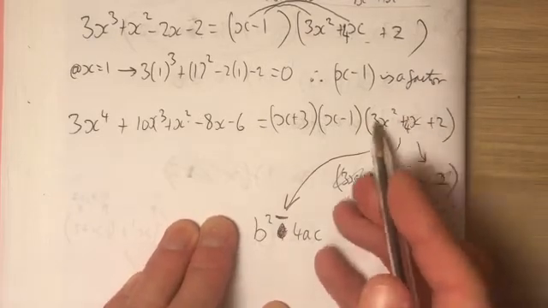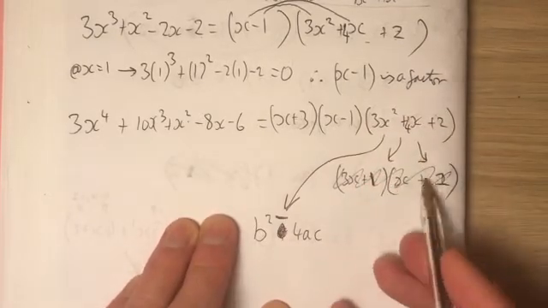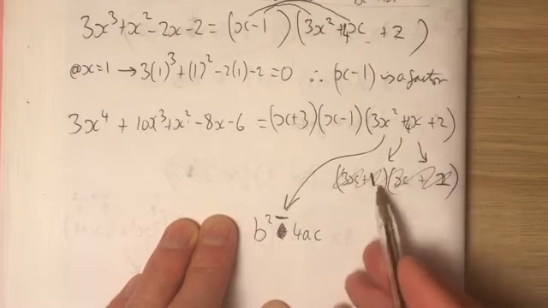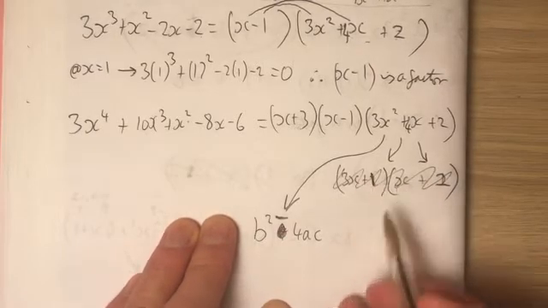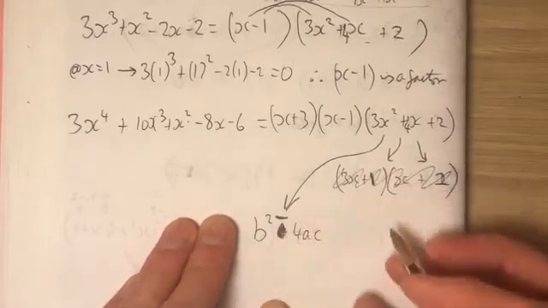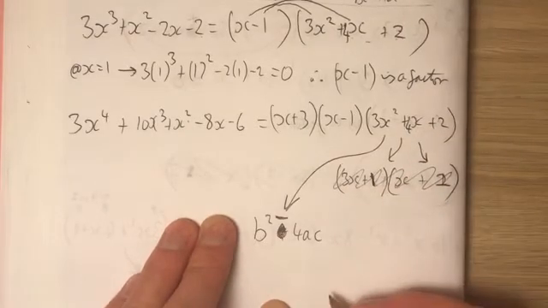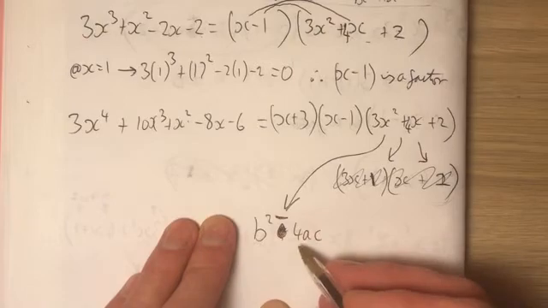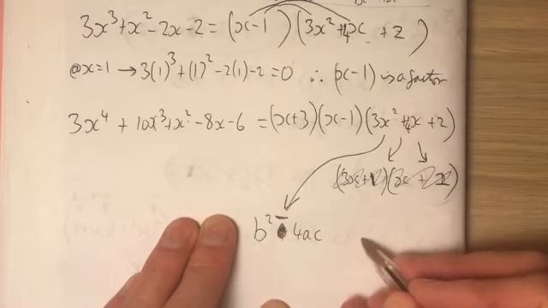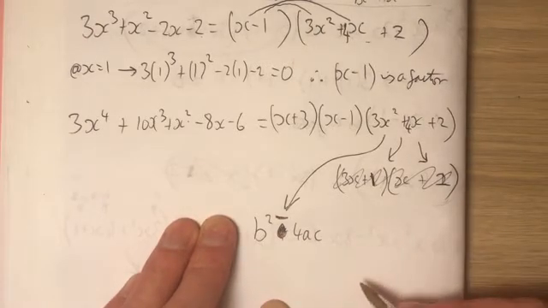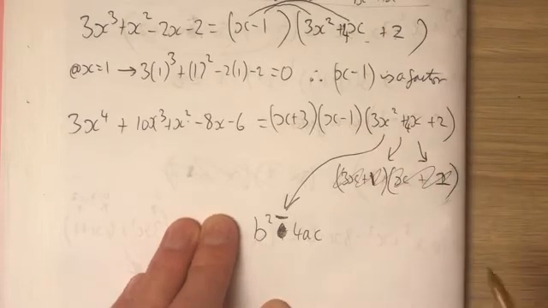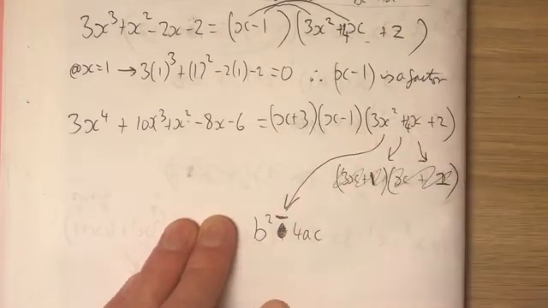If it doesn't factorize, there are no solutions, no real roots. If I can't do this, I can't get any solutions. So I'm going to find the discriminant. If the discriminant is less than 0, then that means it doesn't factorize, and therefore I'm done. I've done as much as I can.